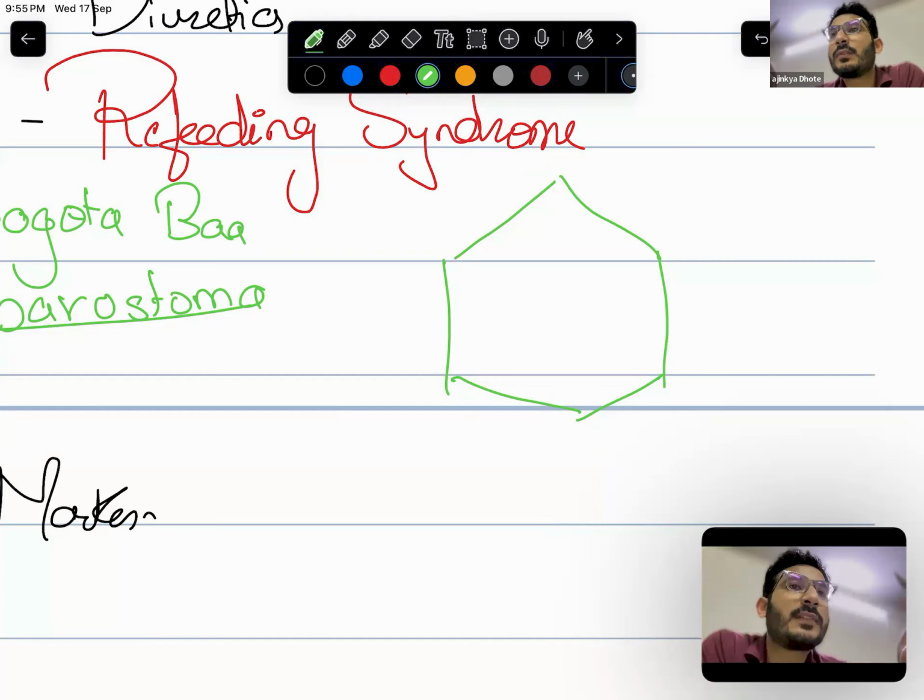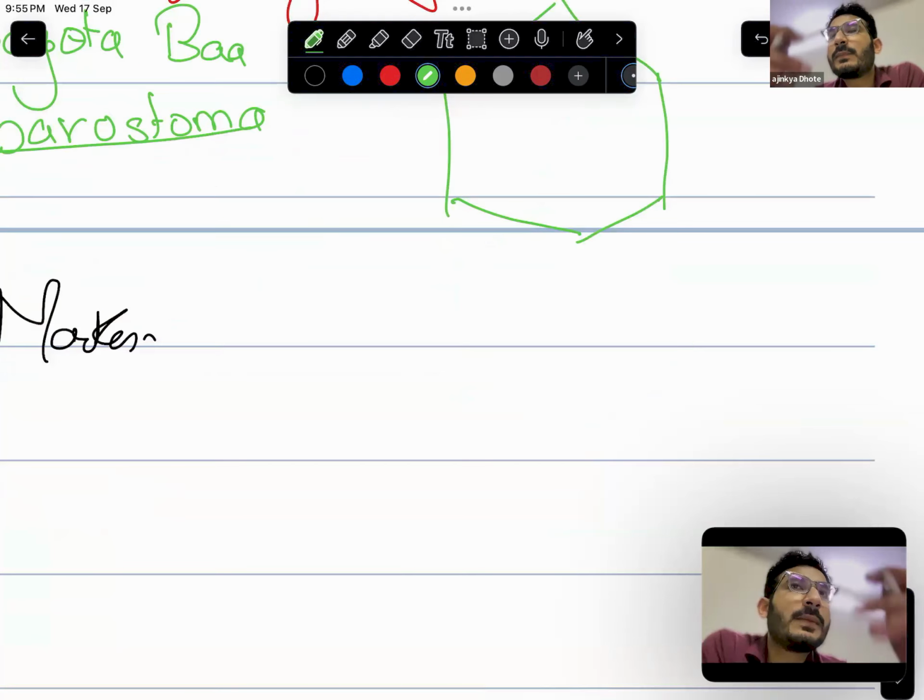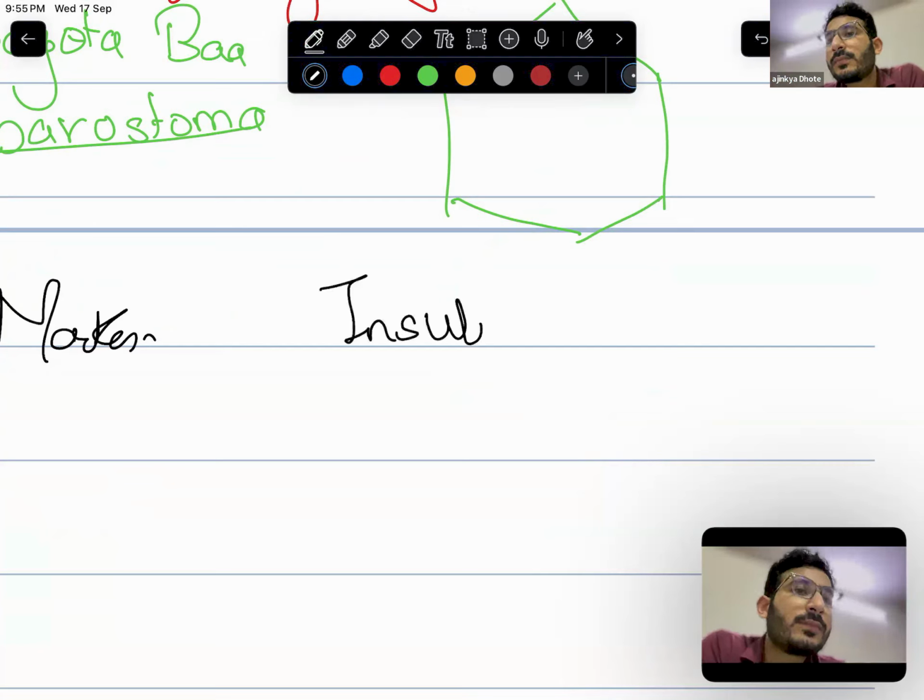Whenever you give excess glucose, all the cells in the body try to take up as much glucose as they can, and to take up the glucose, your body needs insulin. So insulin is secreted in large amounts whenever this glucose is given.